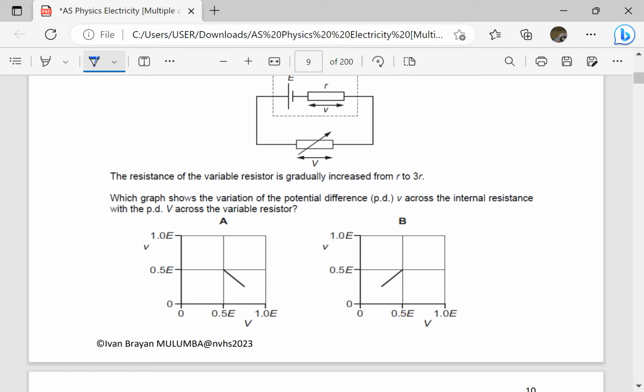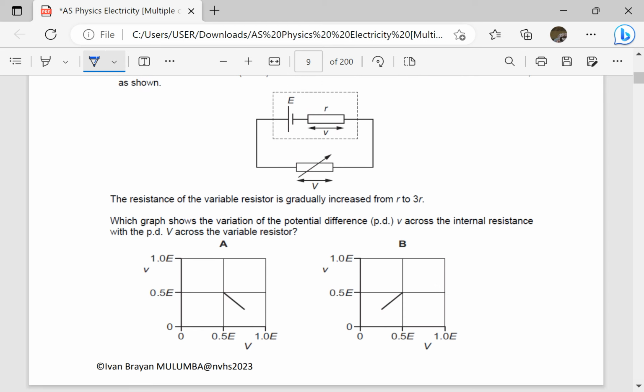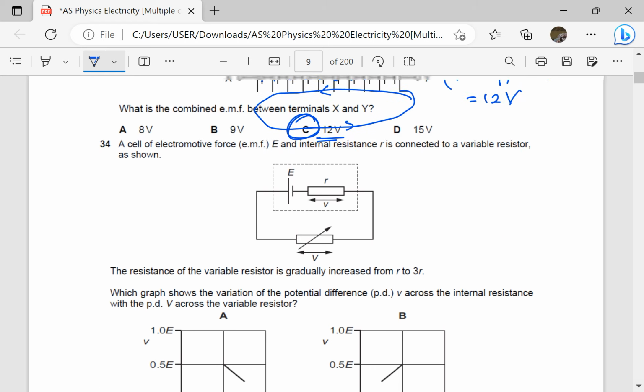Which graph shows the variation of the potential difference v across the internal resistance and the PD V across the variable resistor? First of all, the e.m.f E is going to be the capital V plus the small v, because it is terminal PD plus the internal resistance voltage.